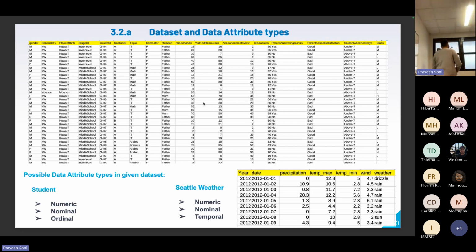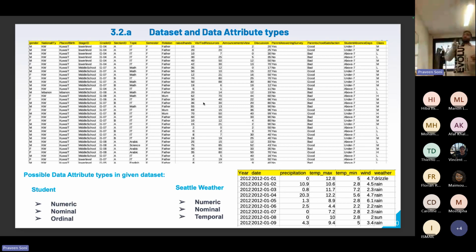So in the student data, after looking at it, I want to know what the different data attribute types are. For the first one, gender. Can anyone tell me what kind of data attribute is gender? Nominal. Okay. Good. Even categorical, but when you say categorical, go deeper, because categories are 2 types: nominal and ordinal.